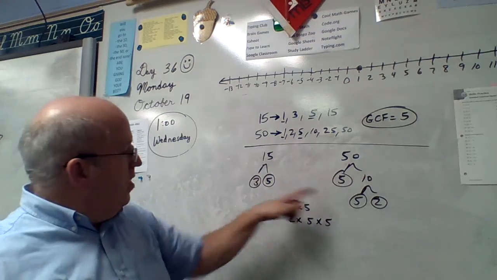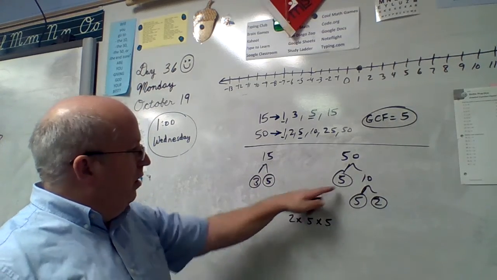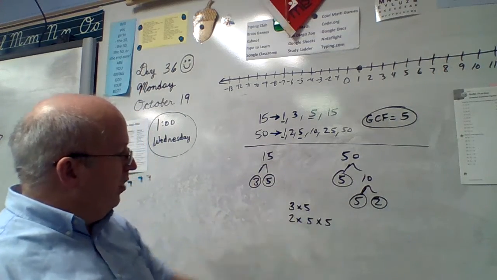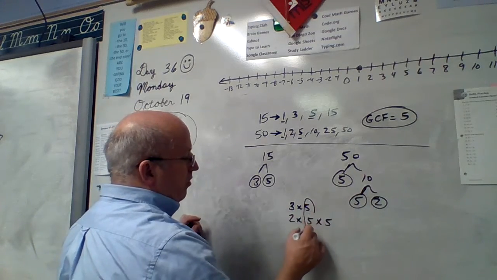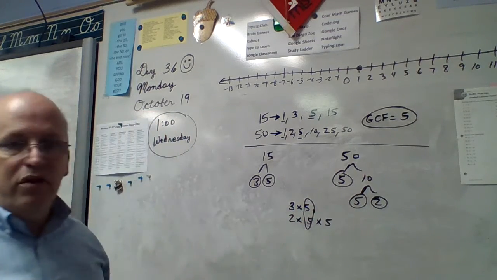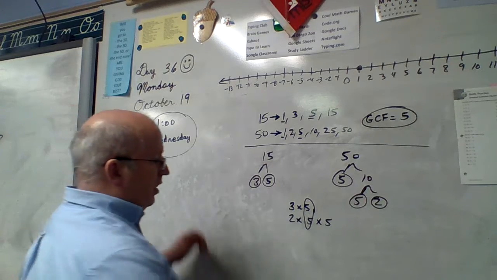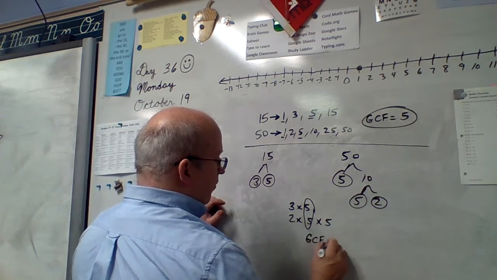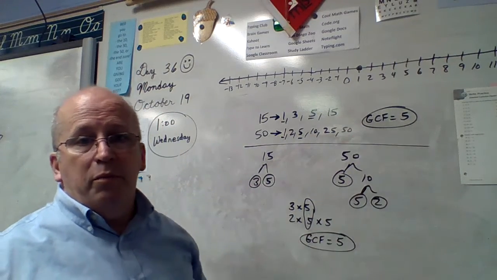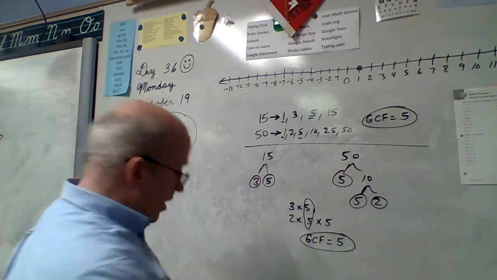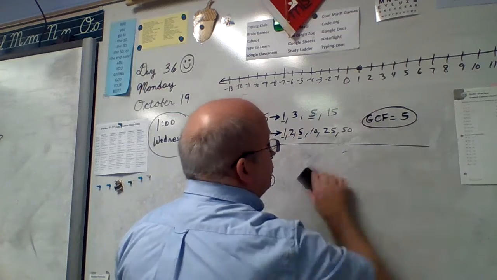See it there? 3 times 5 right there. 2 times 5 times 5 right there. And we ask ourselves, what do they have in common? In this situation, they had a 5 in common. So once again, what's the greatest common factor? 5. Just like we found out up here. Two different methods.